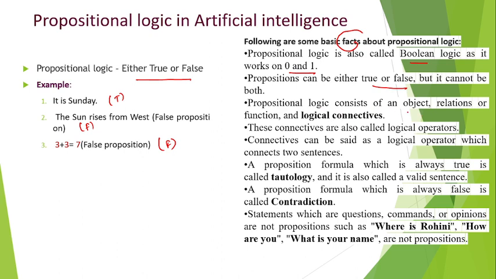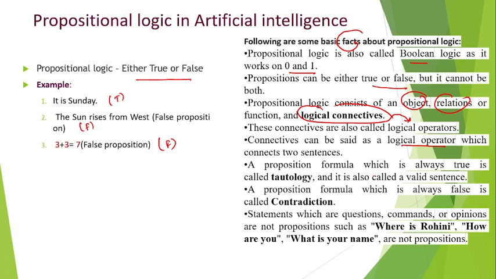A proposition consists of objects, relations, functions, and logical connectives. These connectives are called logical operators. Two or more sentences are connected with the logical operators.